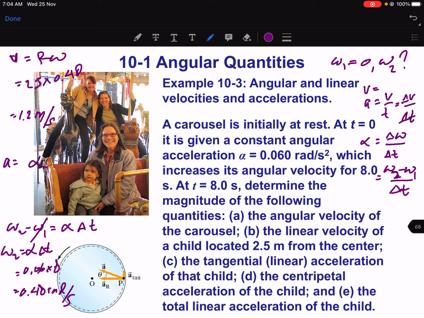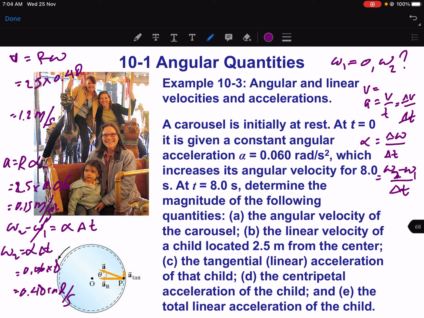So according to the formula, a equal to R times alpha. R is given 2.5. Alpha is also given 0.06, right? So it's around 0.15 meter per second square. Okay.